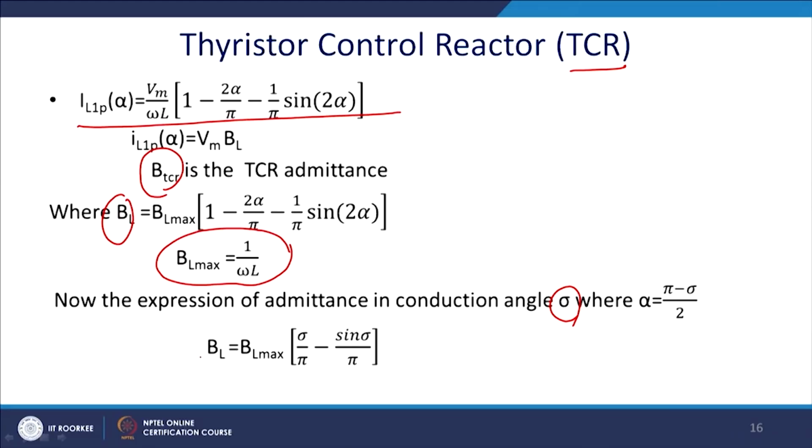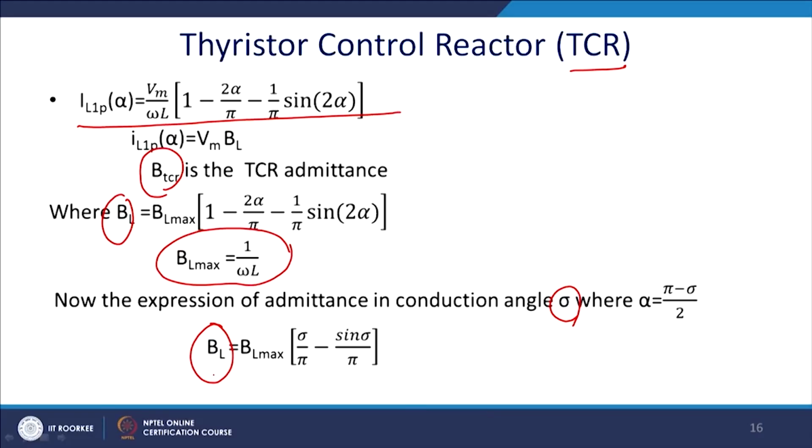Now, we can change the expression of the admittance to the conduction angle. So, sigma equals, you know, alpha equal to pi minus sigma by 2. If we substitute, B_L will be B_L max (sigma by pi minus sin sigma by pi).